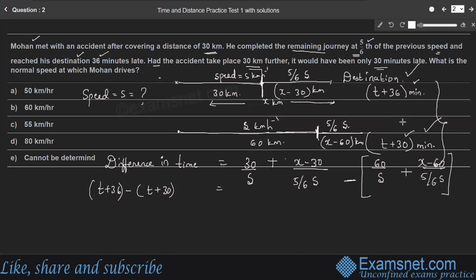This gives the difference in time taken by him. Here the first part is before the accident, and the second part is after the accident. Also in the second time, so before accident and after accident, right?